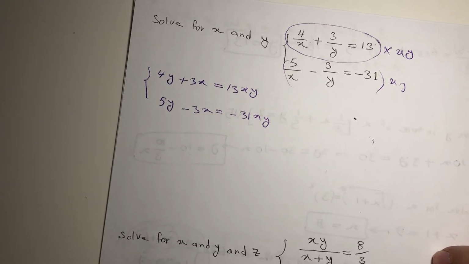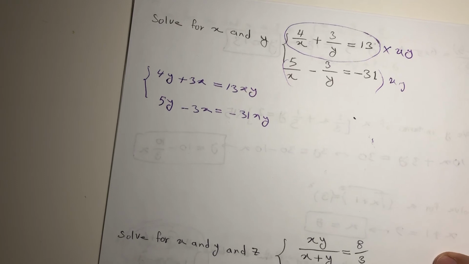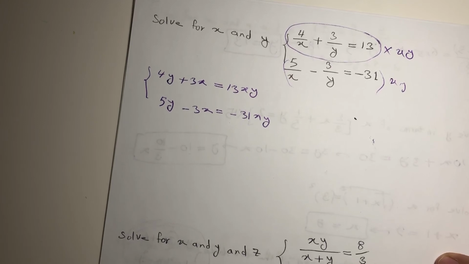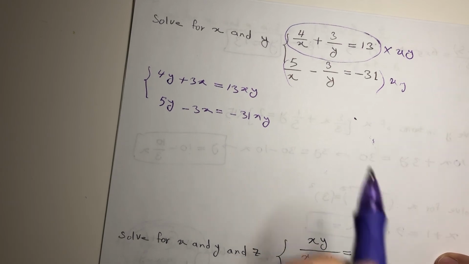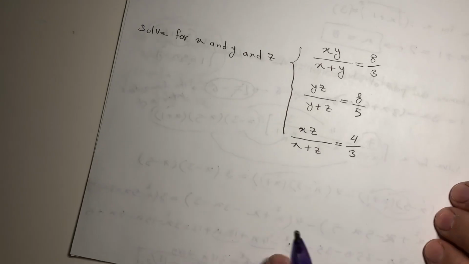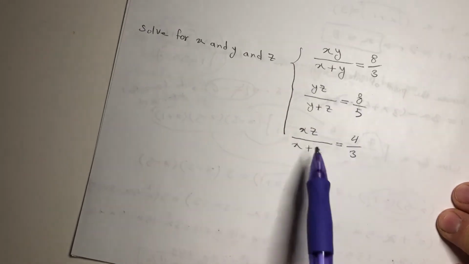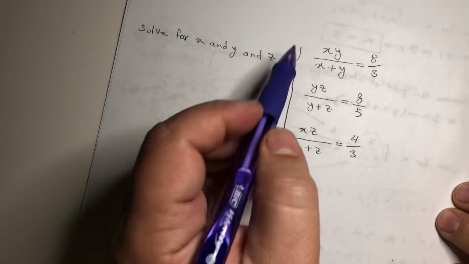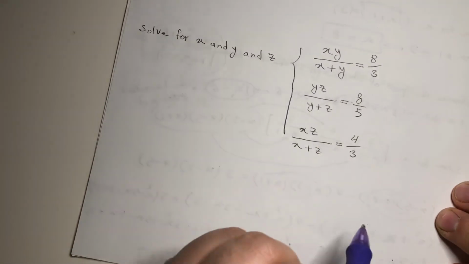Then you can find x in one of these, or we can simply add these equations together, and you can find one of the variables in terms of the others and then continue to solve this. In this equation, the difference is we have three unknowns here: x, y, and z.